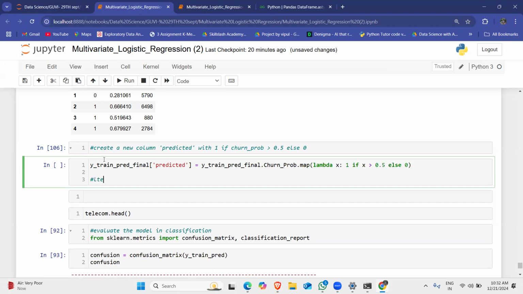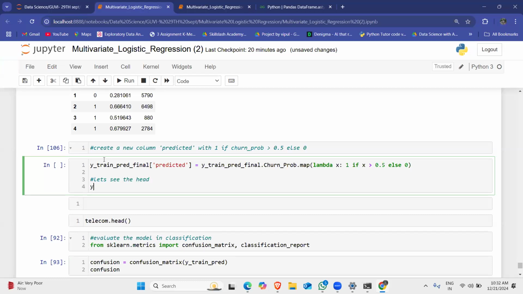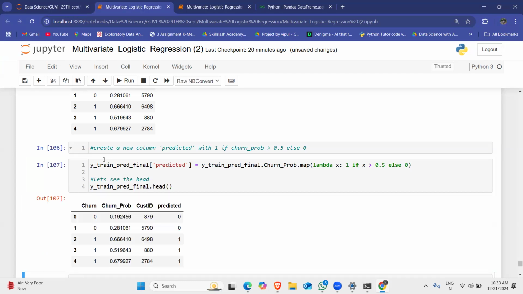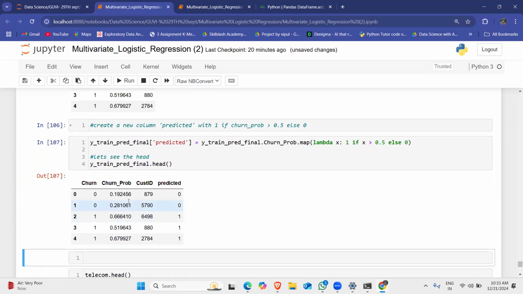And let us see the head: y_train_pred_final.head, open and close bracket. So these are the churn probabilities.